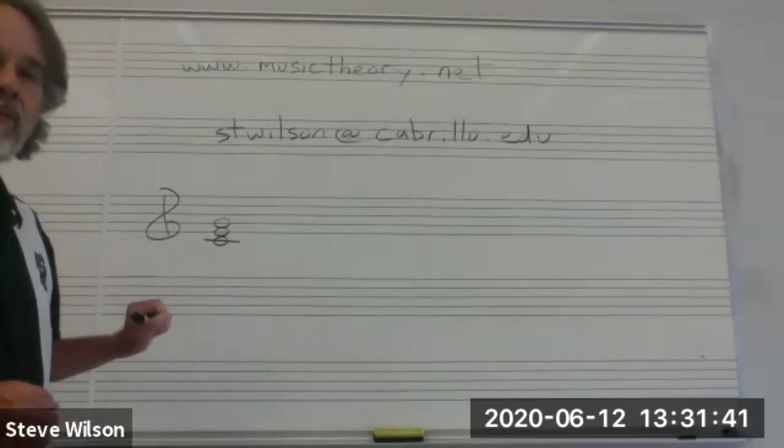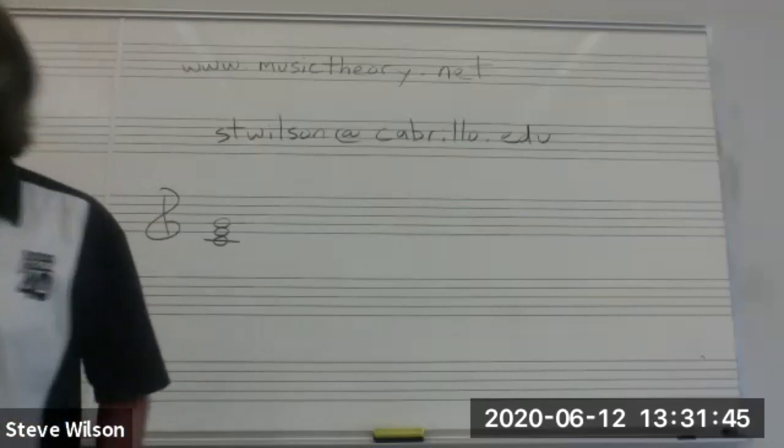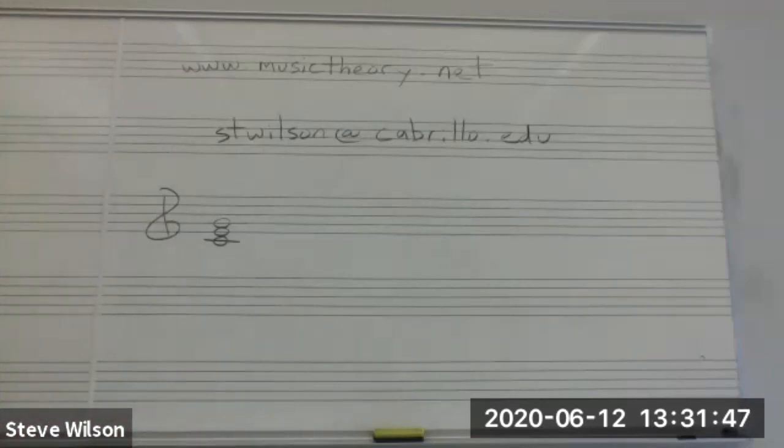Now, I'm going to play this for you, and when we play chords, we can either play them like this, which means arpeggiated, which means playing one note at a time, or we can play it as a block chord, all 3 notes at the same time. Either way, it's the same chord. That's what we call a C major triad, okay?